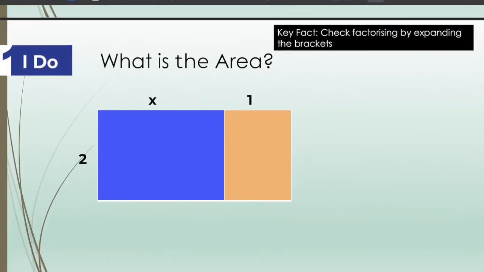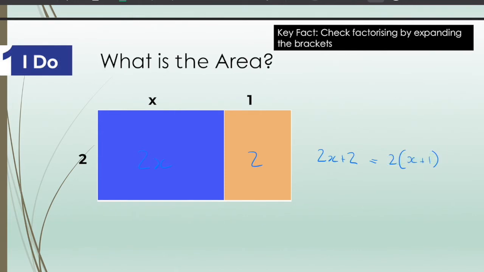Another thing I want you to just quickly remember is this example from the expanding lesson, where we recognized that 2x plus 2 is the same as 2 times x plus 1. Now, in that lesson, we were starting from this side and expanding the brackets to go to this side.